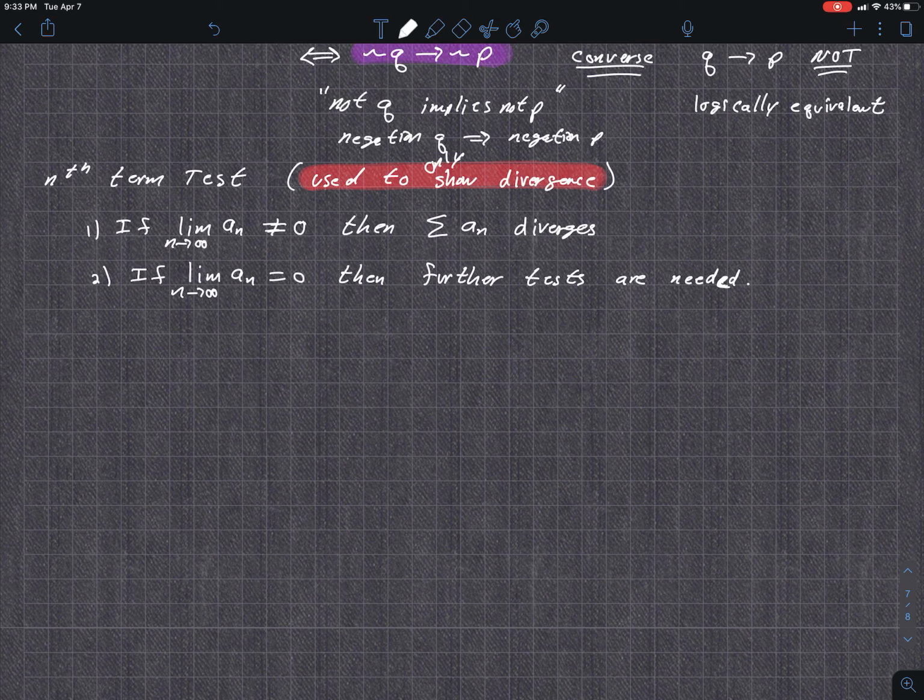So let's look at a few examples. This is just like a table of examples. We're going to look at the series, the nth term, and the conclusion. The conclusion is either going to say diverges or further investigation. We'll look at a few of these cases.